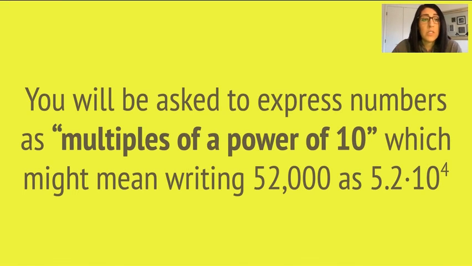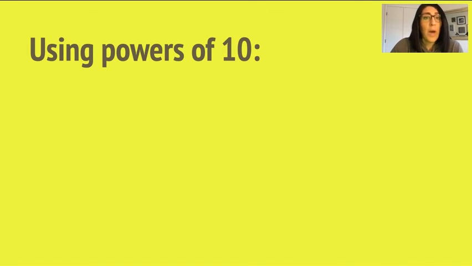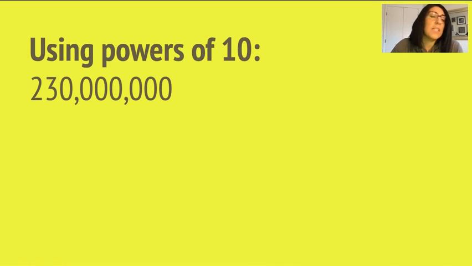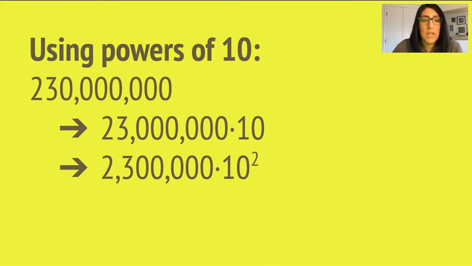You will be asked to express numbers as multiples of a power of 10, which might mean writing something like 52,000 as 5.2 times 10 to the 4th. Using powers of 10, let's look at this value here. We can think of it as 23 million times 10. We can think of it as 2,300,000 times 10 squared.